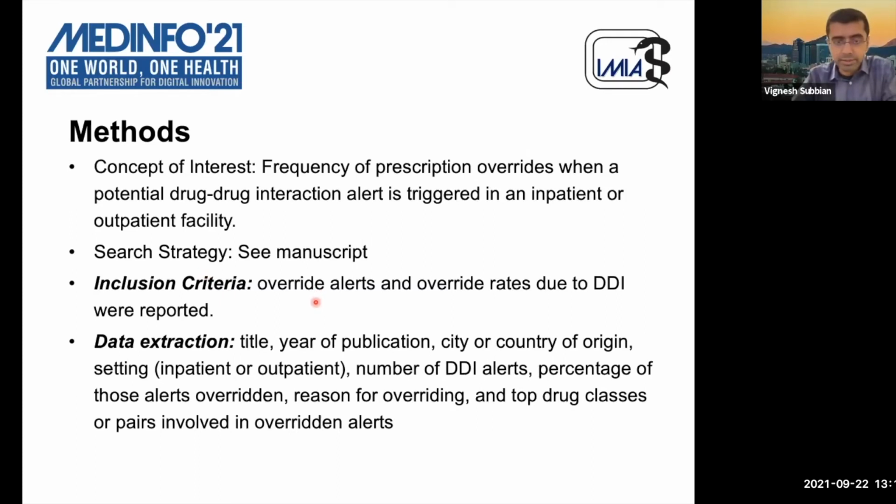Then we extracted publication information, including the city and country where the study was performed, whether it was inpatient or outpatient, the number of alerts, the percentage of alerts overridden versus accepted, reasons for overriding, and the top drug classes or pairs involved in overridden alerts.